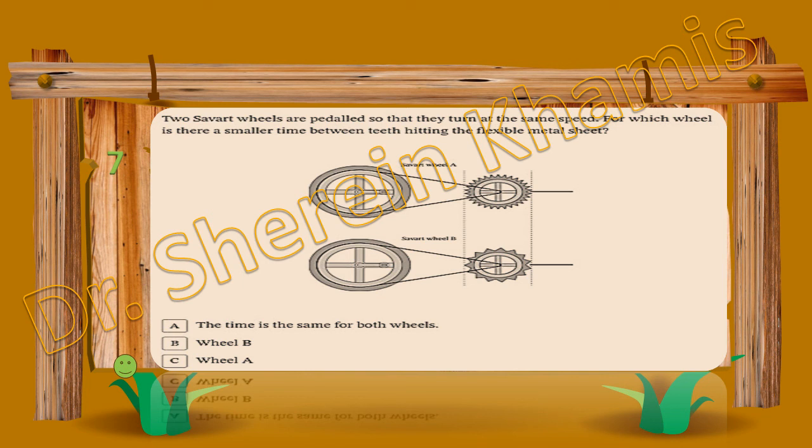It is a direct relation between number of gear teeth and frequency, but inverse between number of gear teeth and time. So if we want to get a smaller time, the number of gear teeth, or number of turns, or frequency must increase. Okay, so the right answer will be letter A.